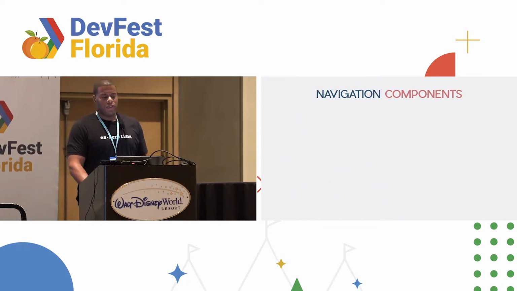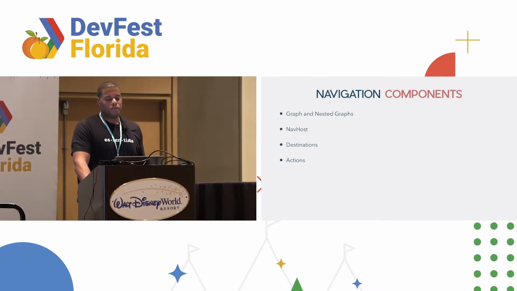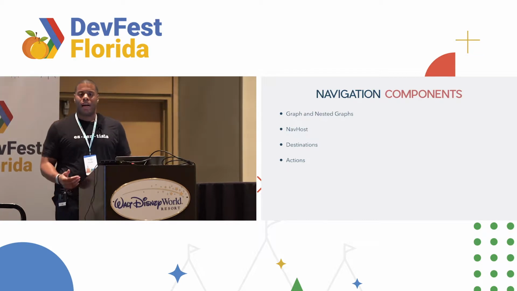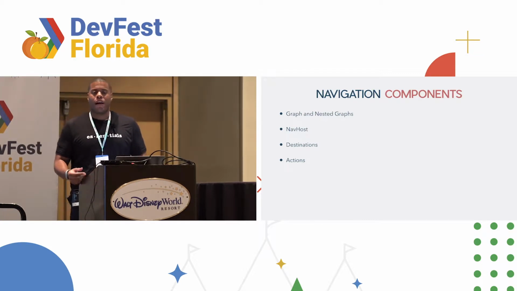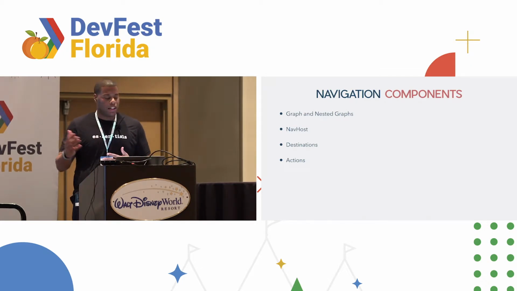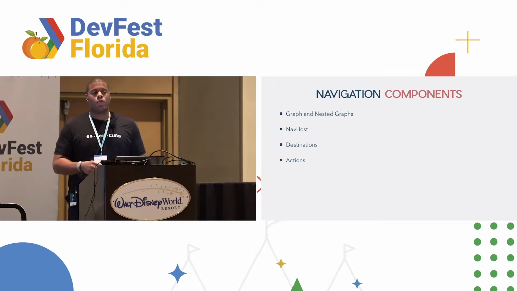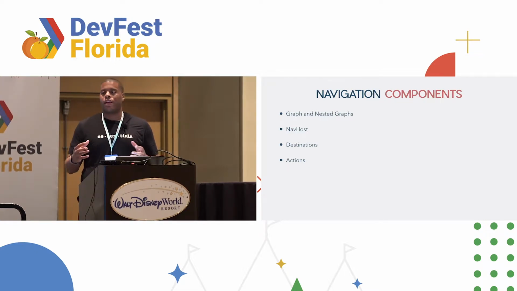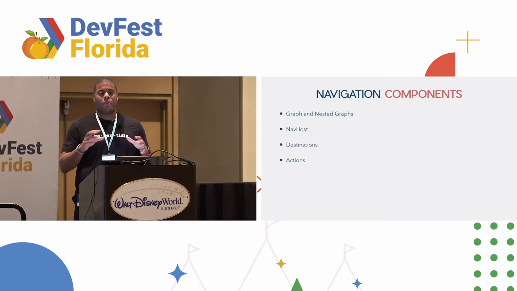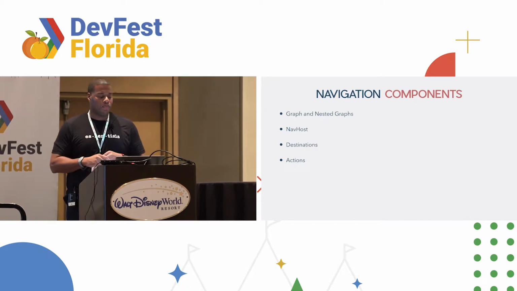So let's go over some of the components that make up the navigation framework. There's this concept of a graph and nested graphs. A graph is just a file that describes your navigational structure in an app. It's just an XML file. Then you have your nav host, which you can think of as your container that will swap fragments in and out.